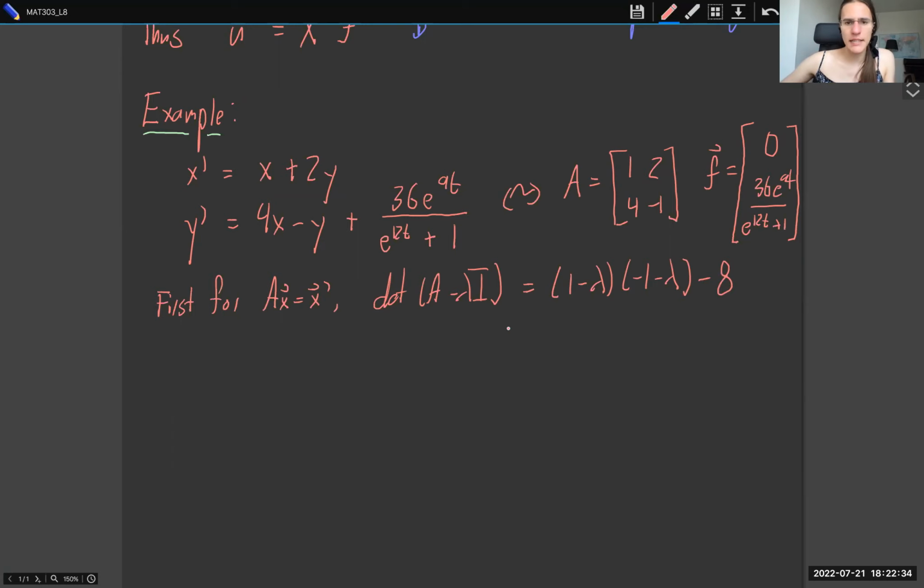And what that's equal to is lambda squared. Then the cross terms cancel out. Then we're going to get -1 minus 8, so lambda squared minus 9, which is equal to (lambda minus 3) times, which root? I'll write lambda minus 3 first.